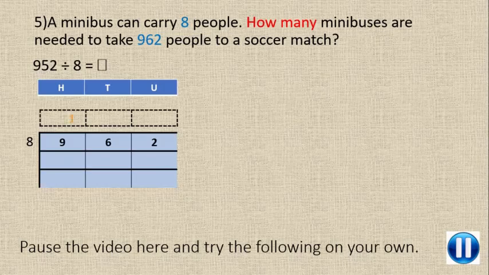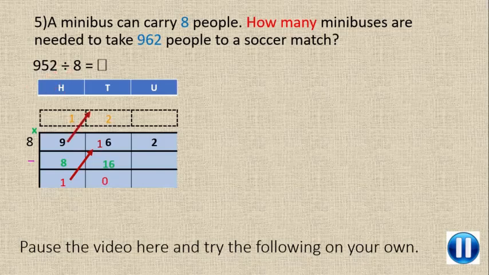Divide is our first step. 8 goes into 9 once. 8 times 1 is 8. 9 minus 8 is 1. We bring up our 1 to become 16. 16 divided by 8 is 2. 8 times 2 is 16. 16 minus 16 is 0.